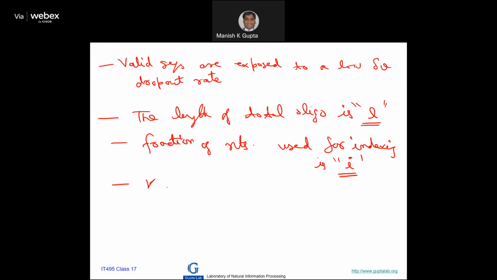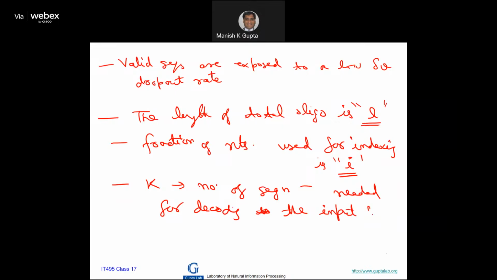And also K is the number of segments needed for decoding the input file.